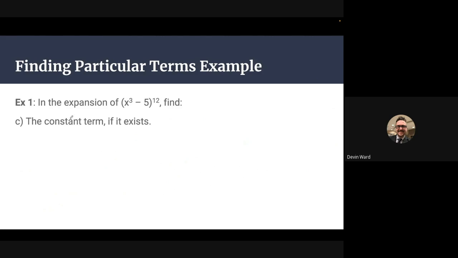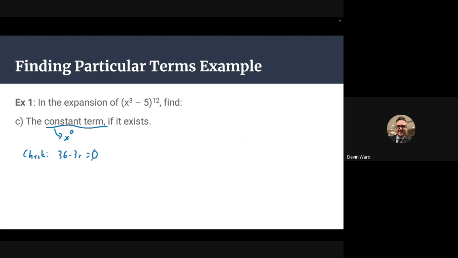For any constant term, that just means x to the power of 0, because x to the power of 0 equals 1. So whatever number we find is going to be constant. So we'll set 0 equal to, for my check, 36 minus 3r. Now this 36 minus 3r won't be the same for every question. It'll be whatever the exponent is in our general term.